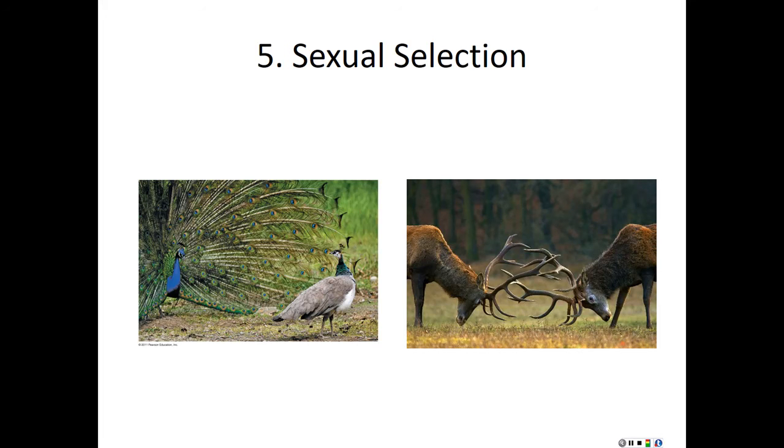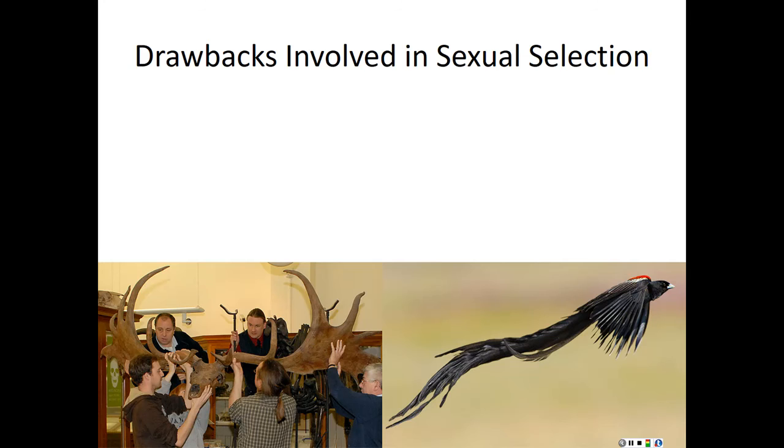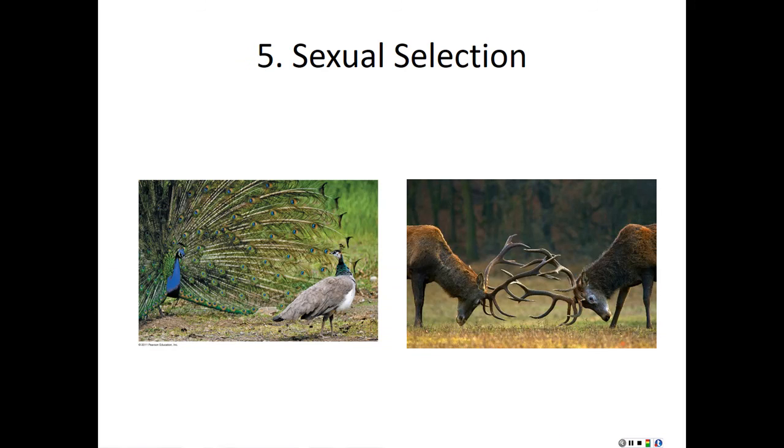This is where individuals with certain inherited characters are more likely to obtain mates, and therefore have higher reproductive success. There's a couple types of sexual selection.